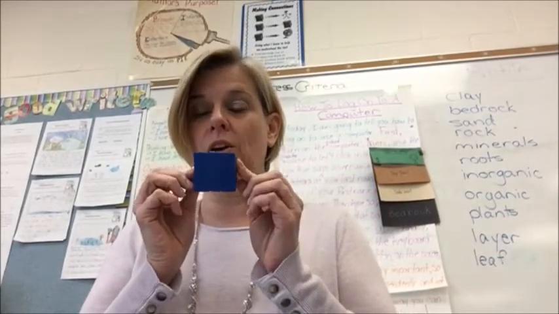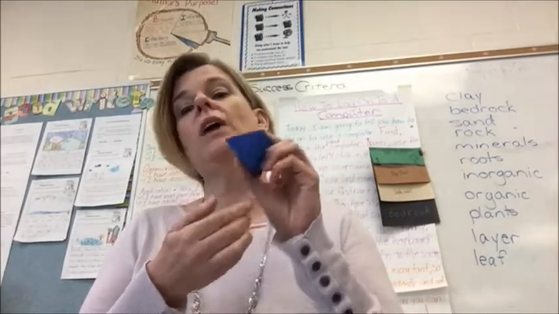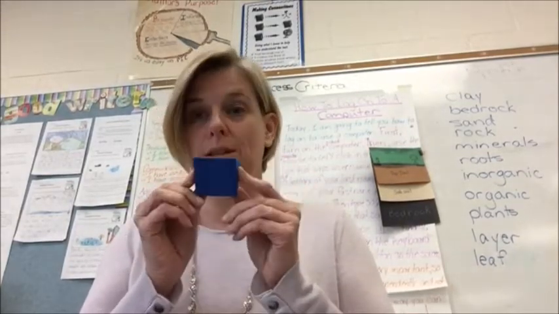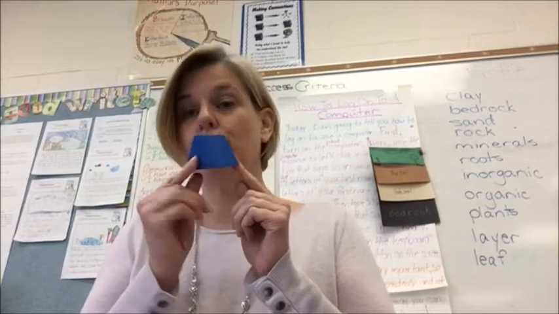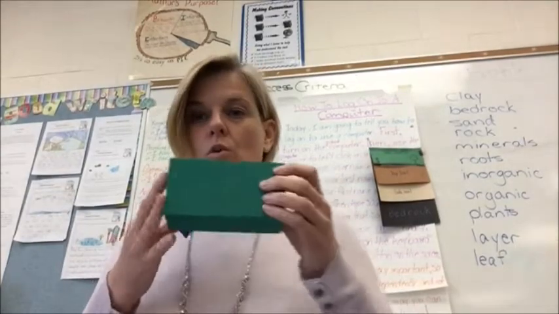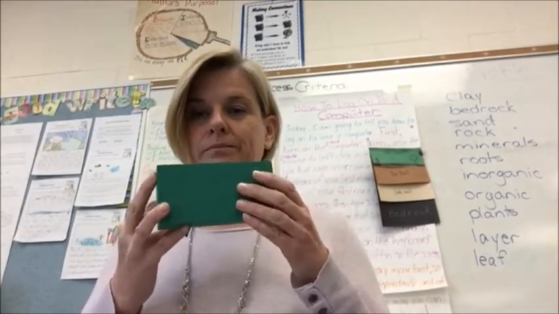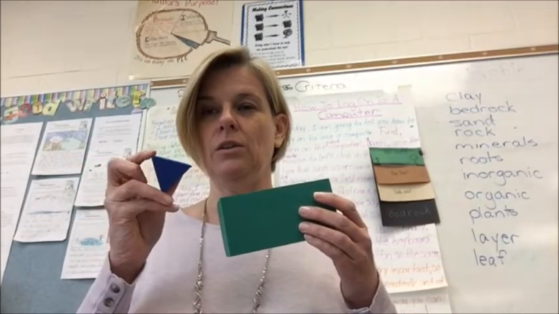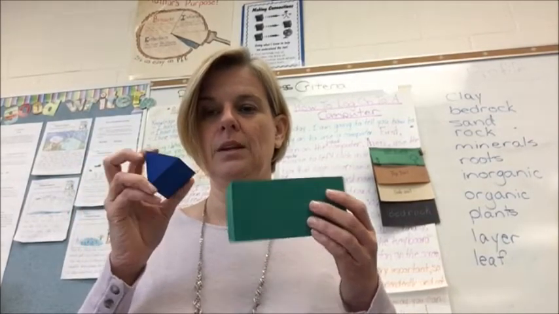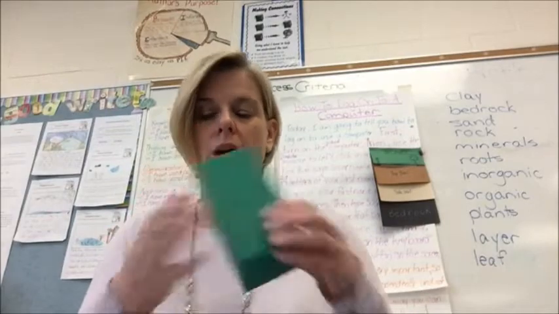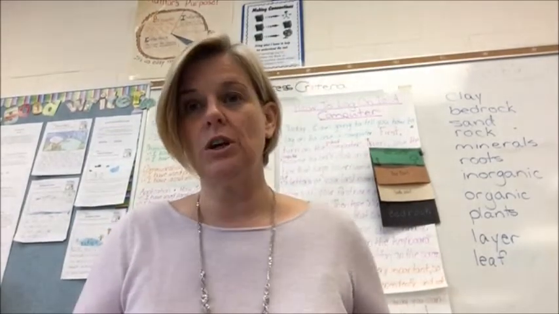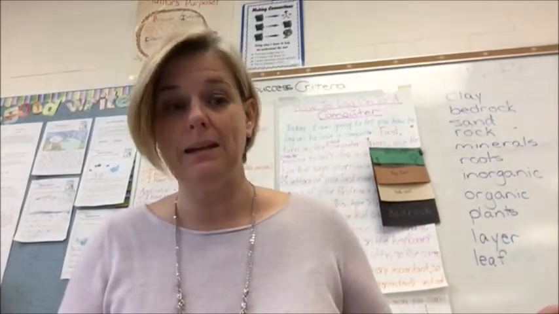So this figure is called a triangular based prism, a triangle prism, okay? Rectangle prism, triangle prism, because our bases are parallel to each other, and that's the shape of the base.